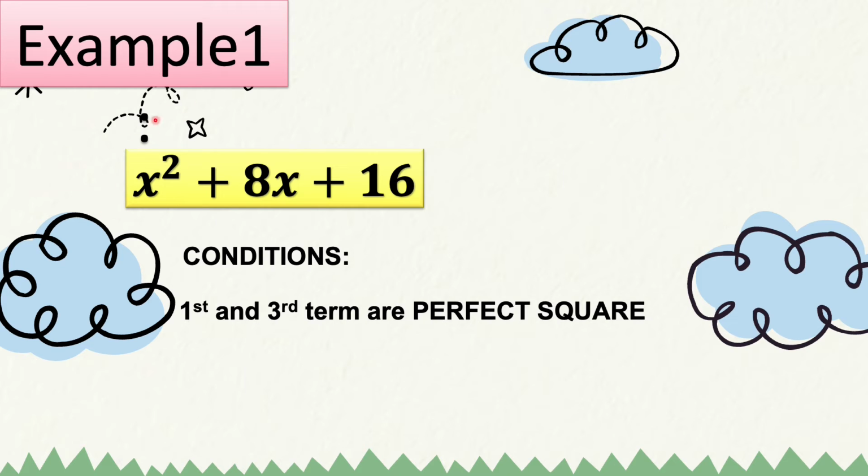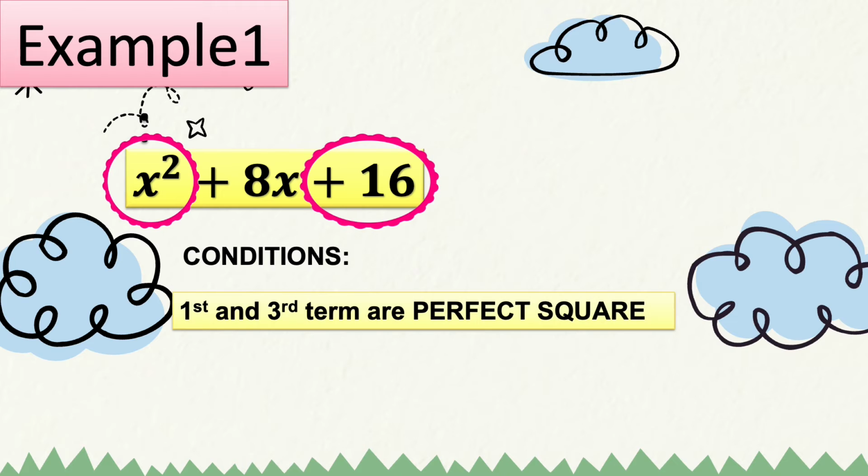Ito yung first term. Ito yung last term natin or yung third term, kailangan perfect square sila, or perfect square number, okay? Na kapag minultiply natin yung dalawang magkaparehong number, ito ang magiging sagot. Okay? So, this is our first condition.